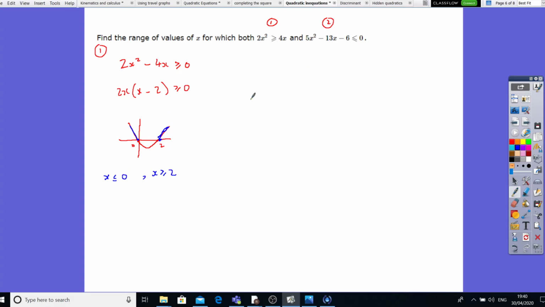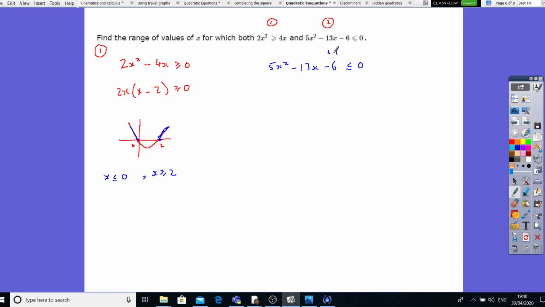Now looking at this again, let's just go and try to factorize this. So we've got 5x squared minus 13x minus 6 less than or equal to 0. Again, you can do this on your calculators if you wish. I'm thinking 1, 6. No, that's not going to do it. 2, 3.